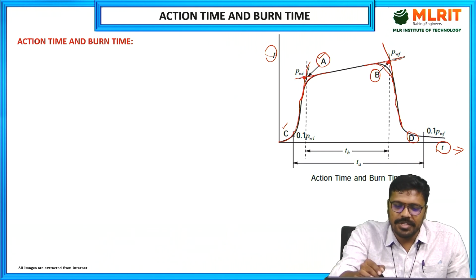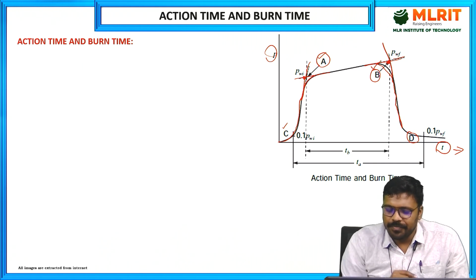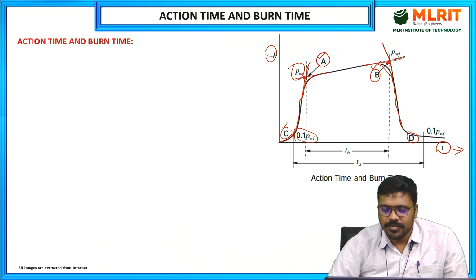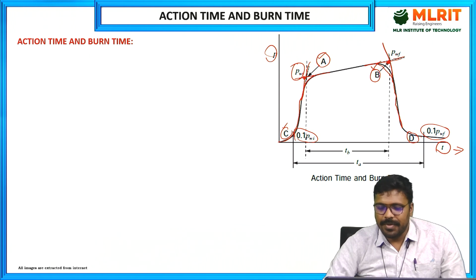Web initial pressure, and this point is B. And here this is the point C. C is a point where the pressure is 10% of the initial web pressure, and D is the point where the pressure is 10% of the final web pressure.